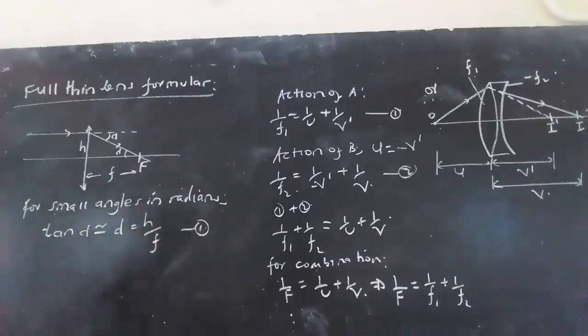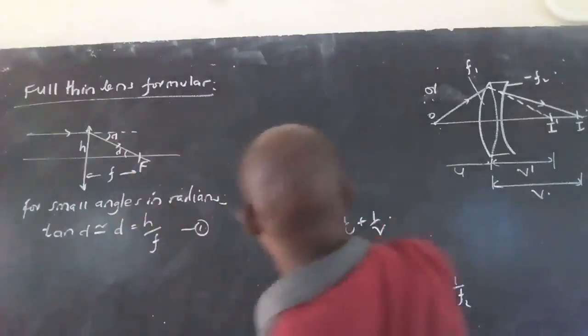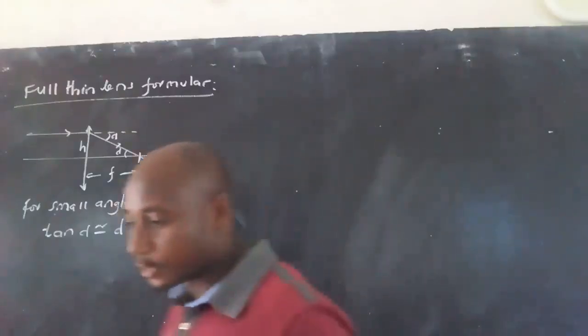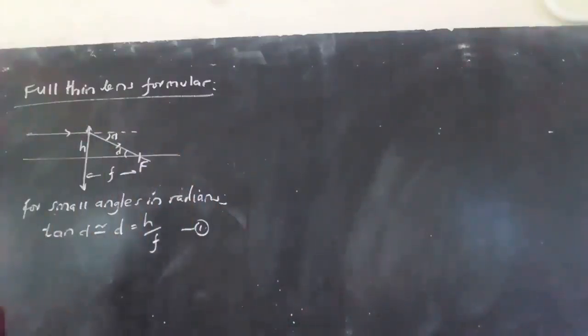Then let's consider, we know that the lens is made up of small prisms.